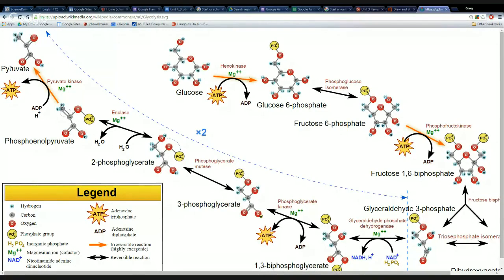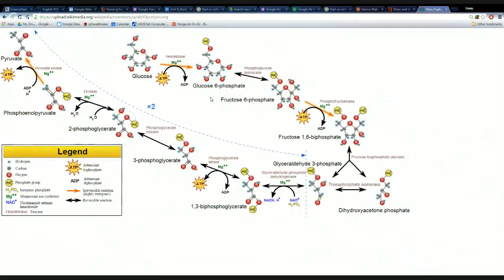Okay, so this is what I mean by intermediates. We have glucose, we have glucose 6-phosphate, fructose 6-phosphate, fructose 1,6-bisphosphate, like all of the names of these organic molecules that are created as glucose is oxidized and rearranged. There are enzymes that transfer phosphate on. There are enzymes that rearrange the covalent bonds and create isomers.